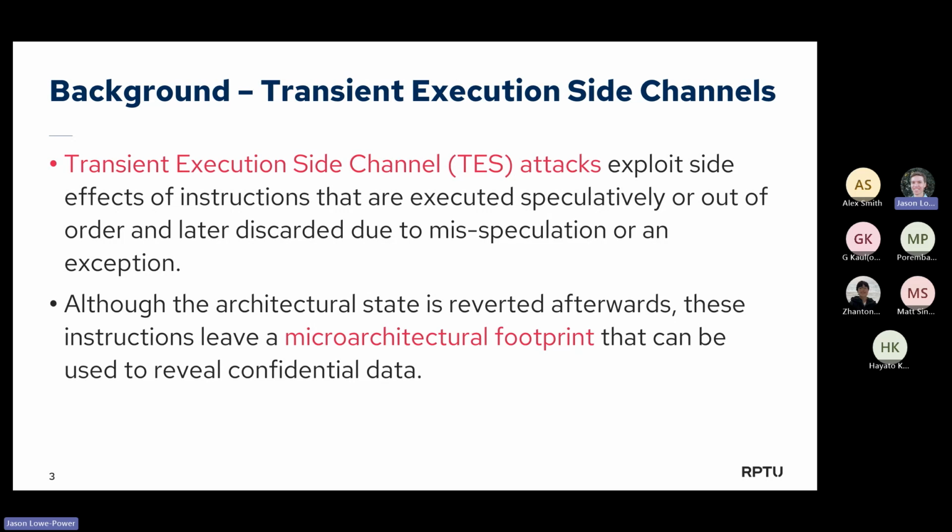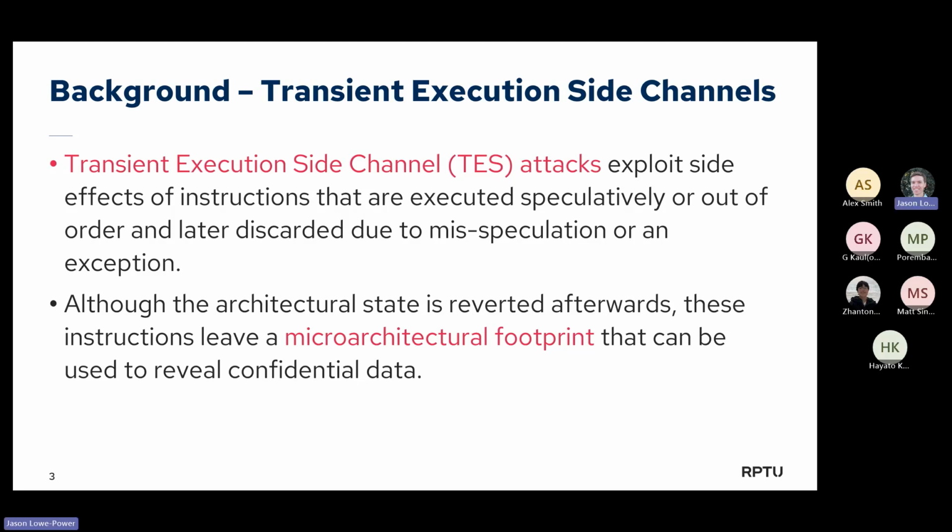The transient execution side channels, or TES attacks for short, exploit the side effects of instructions that are executed speculatively or out of order, and later discarded due to misspeculation or an exception. But even though the architectural state is reverted after the misspeculation, the instructions leave a microarchitectural footprint that can be used to reveal confidential data.